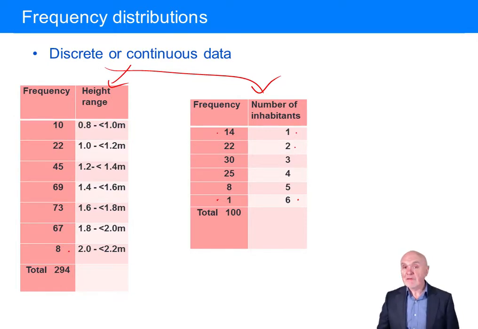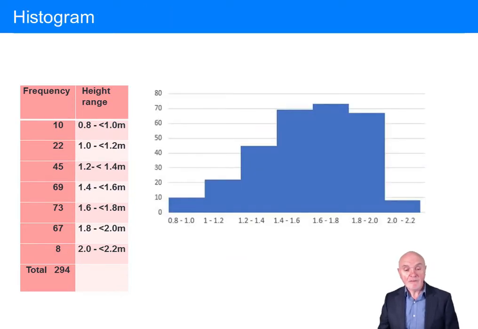Now, how can we present this data? The first method is a histogram. And you can do this with either the grouped data or you can do it with the discrete data. We're just doing it here with continuous data which has been grouped. So here what you put along the bottom are the classes, the different height ranges.